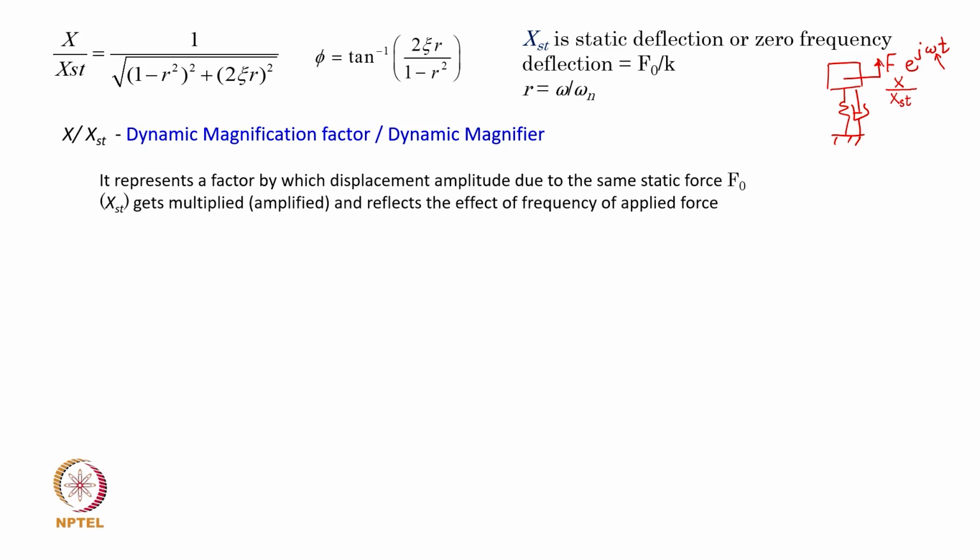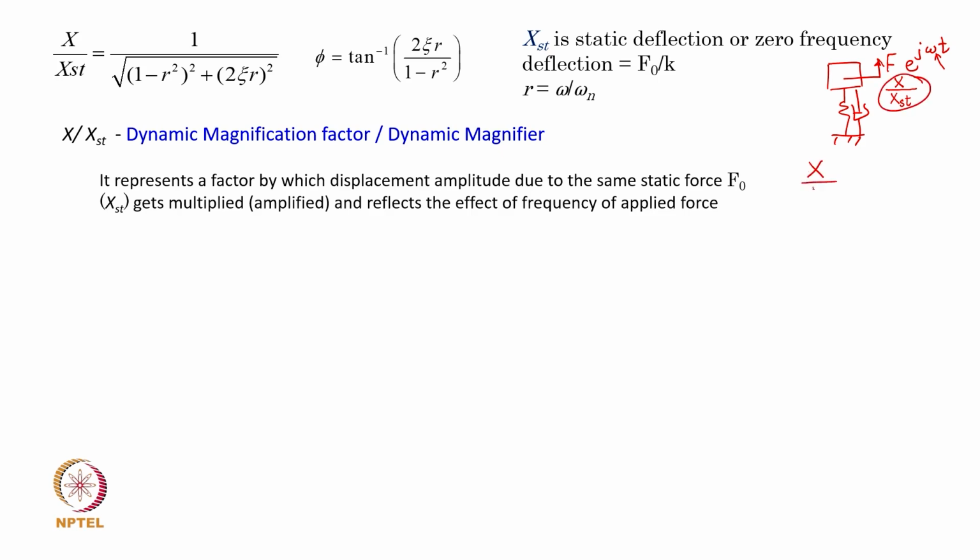Therefore, it is capturing the effect of frequency of excitation, because it is referred with respect to the case when the frequency is 0 to a case where the frequency is non-zero. So, it obviously will manifest the effect of a fluctuating, dynamic force on the vibratory response of the system.